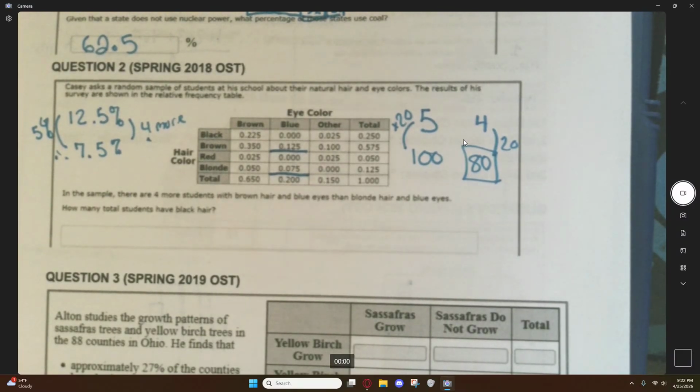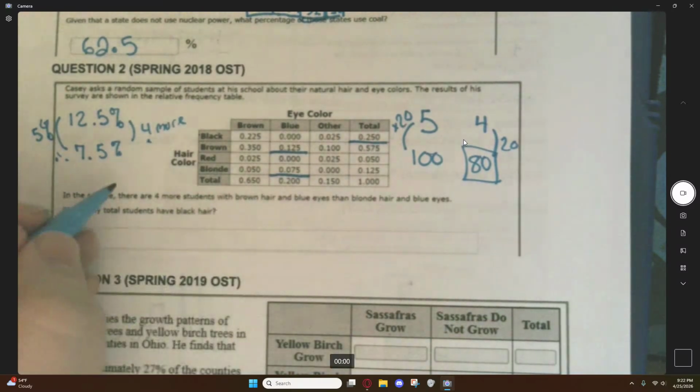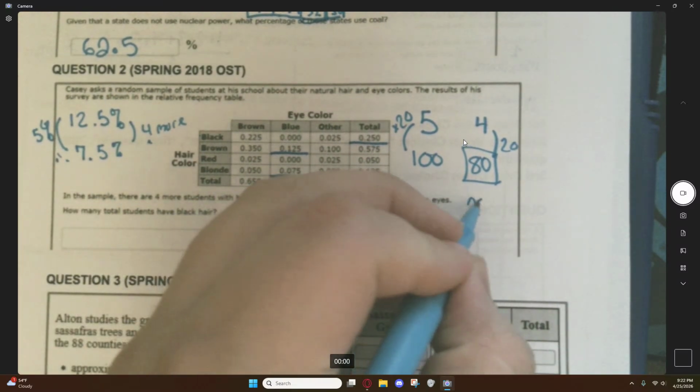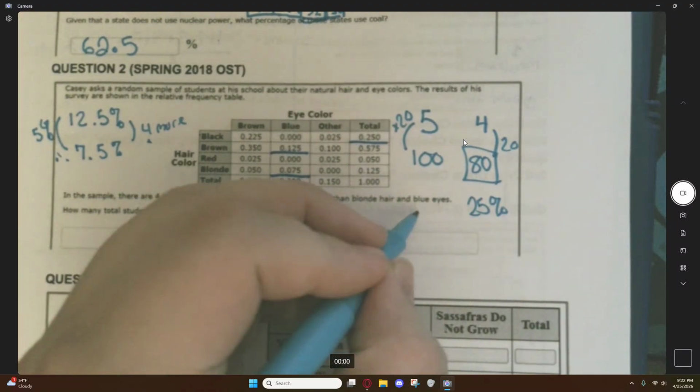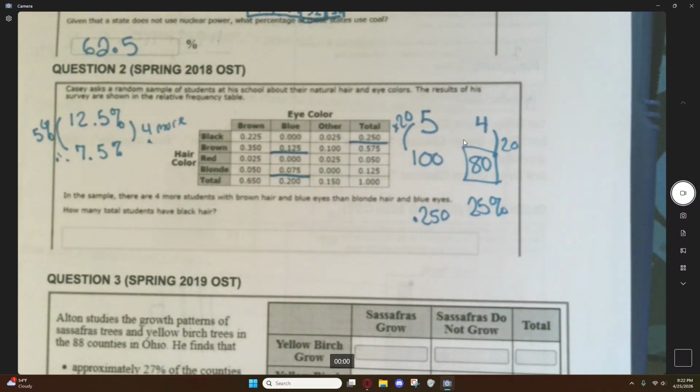Now, how many total students have black hair? Black hair is 25%, or 0.250. There's two ways you could do this.